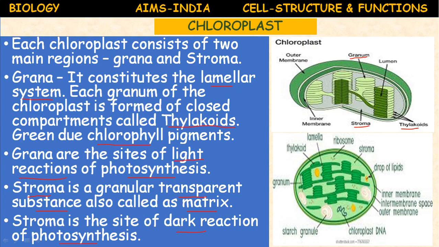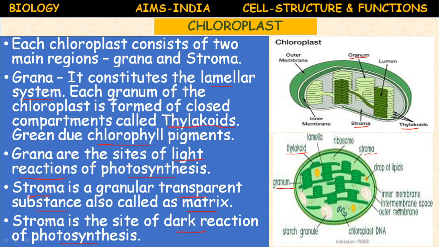It is a double membranous structure consisting internally of two regions, grana and stroma. Each granum consists of several disc-like or plate-like structures called thylakoid membranes.